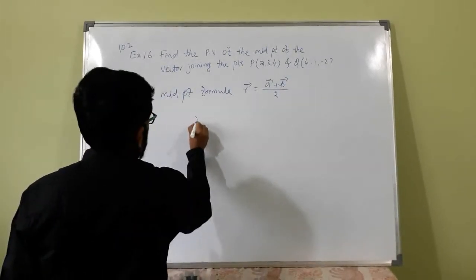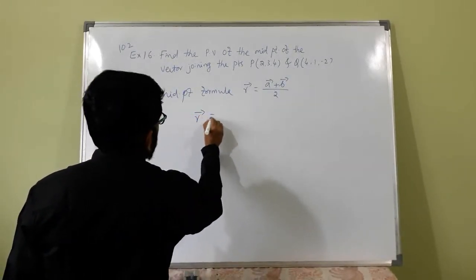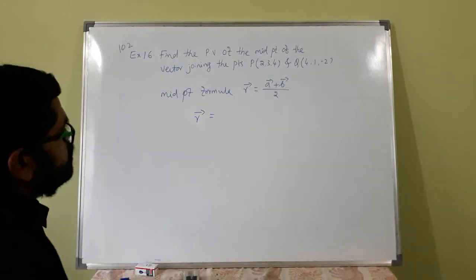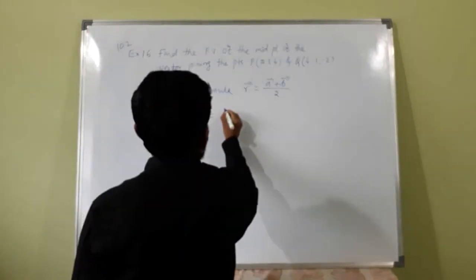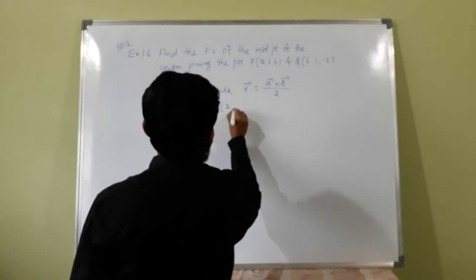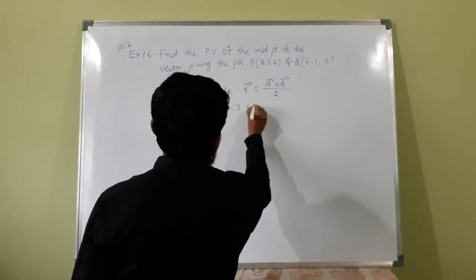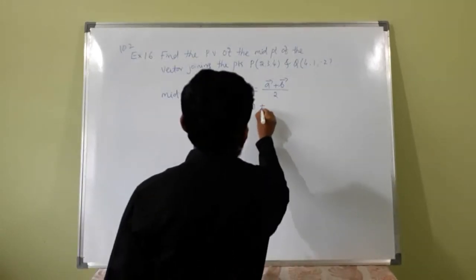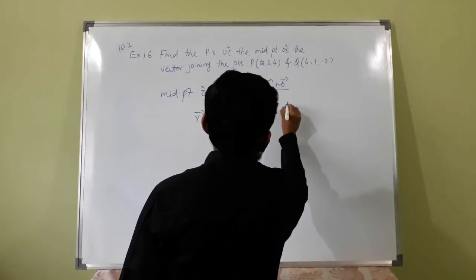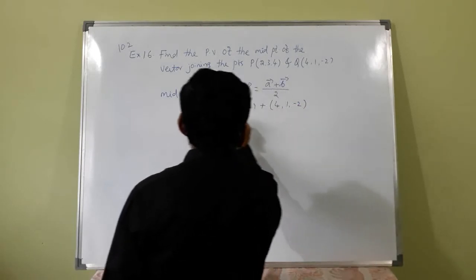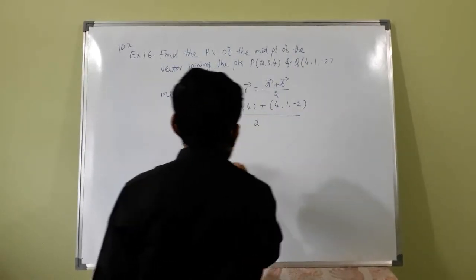So the position vector OR is (2i plus 3j plus 4k plus 4i plus j minus 2k) whole divided by 2.